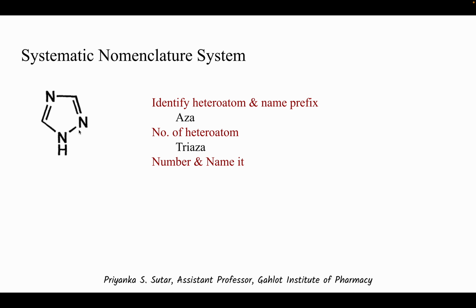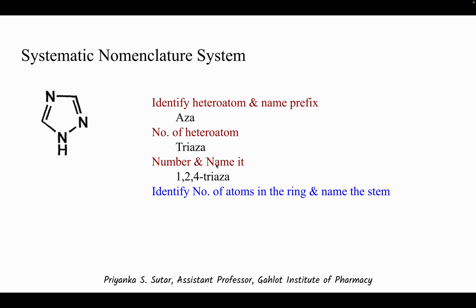So numbering 1, 2, 3, 4, 1, 2, 4. 1,2,4-triaza. Now see, this number and this name is separated using this hyphen dash. Next question. Identify number of atoms which are present in the ring and name the stem.